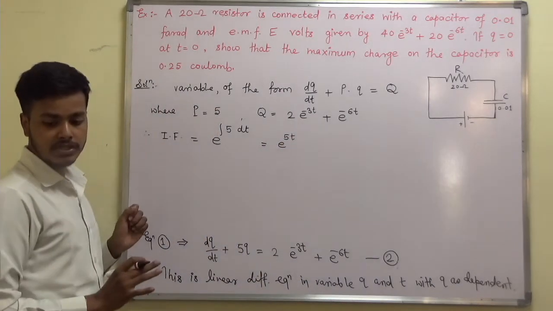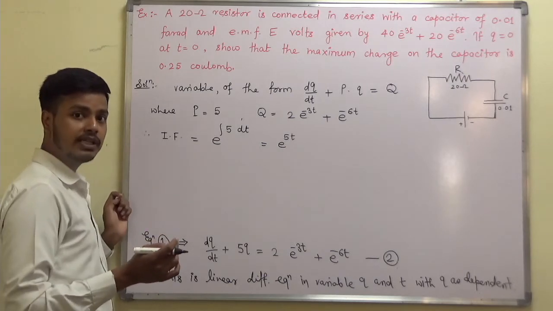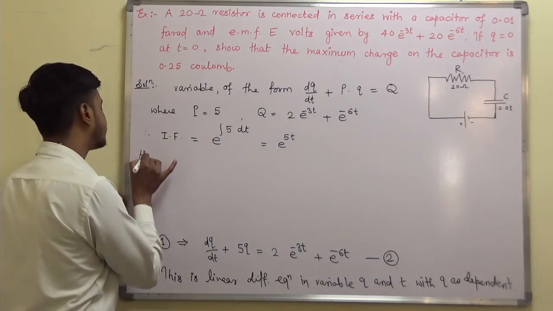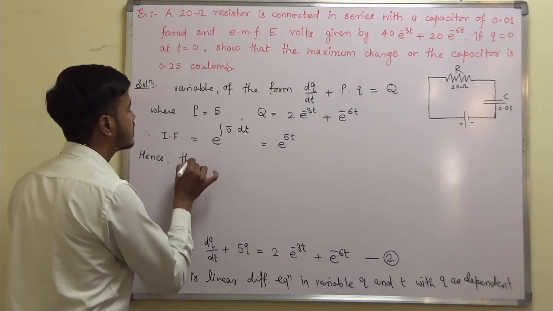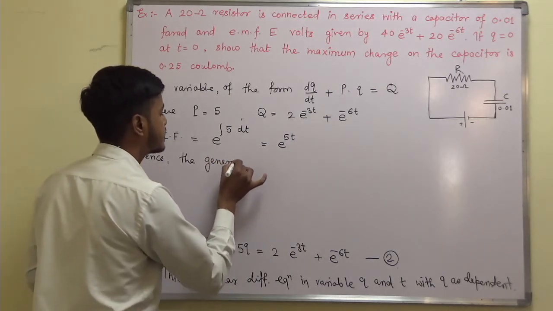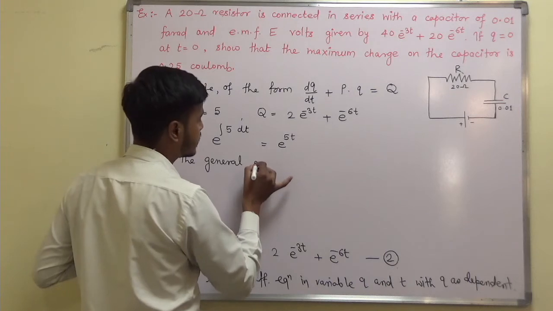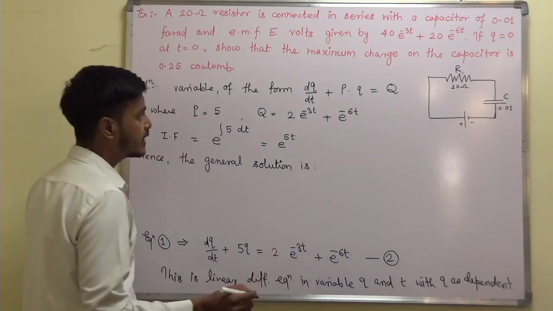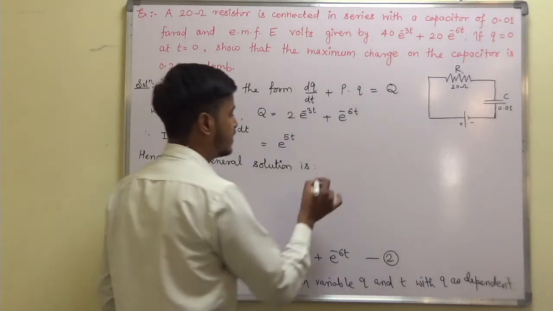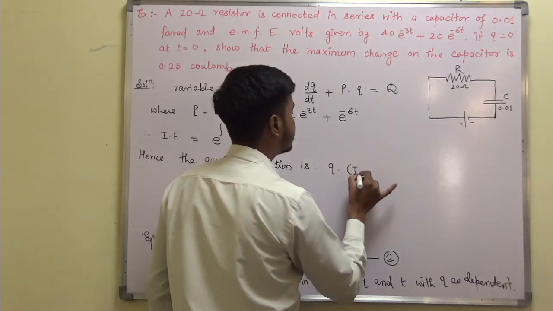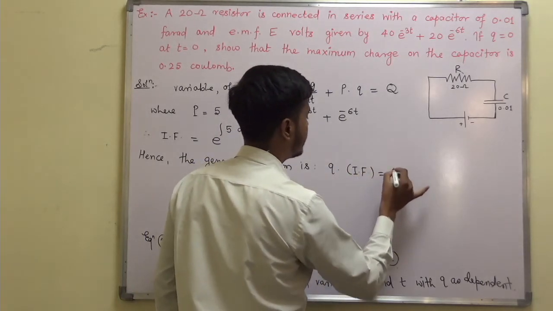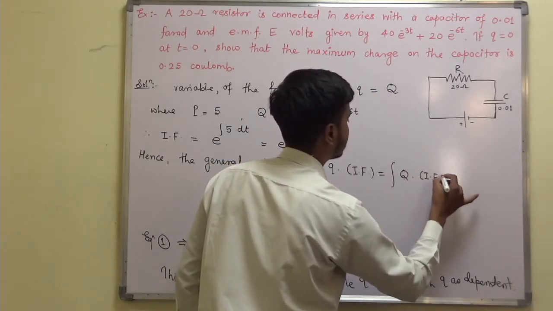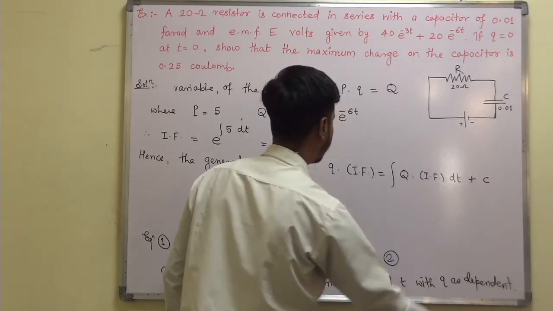After getting the integrating factor, you just have to find out the solution. Solution of what? Equation number 2. Hence, the general solution is, what is it? Can you write down the general solution for this? Yeah, this is q into integrating factor is equal to integration of this q into integrating factor dt plus some constant of integration c.